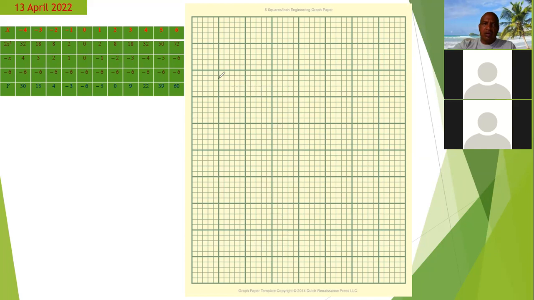What we notice here on this graph paper is that our centimeter boxes may not go over enough to accommodate all of these x values. So we'll have to use a smaller scale to accommodate these values on the x-axis.